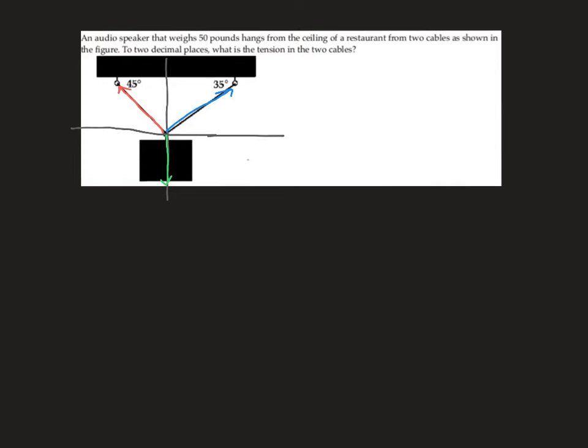Here's the thing about this. It says it hangs from a ceiling, and when we see that, we assume that it doesn't move. What that really means is these three, when added together, equal 0.